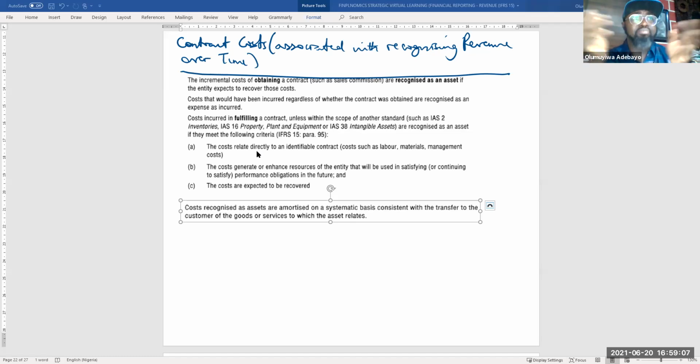Let me give you a practical example. A contract of construction of a 10-kilometer road, based on our example in part 1. When you have gotten to 6 kilometers out of the 10, the value of that contract may not be evenly distributed. Why? Because the texture of the road is not the same across those 10 kilometers.